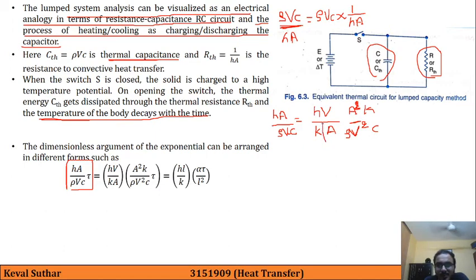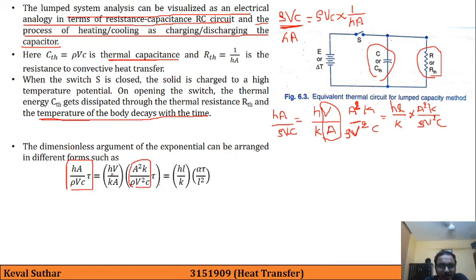So this term, that is volume upon area, is known as characteristic length, which gives HL divided by K, and the remaining terms are A square K divided by rho V square C, and I haven't mentioned tau over here, so these are as they are, and we can put tau at the end.